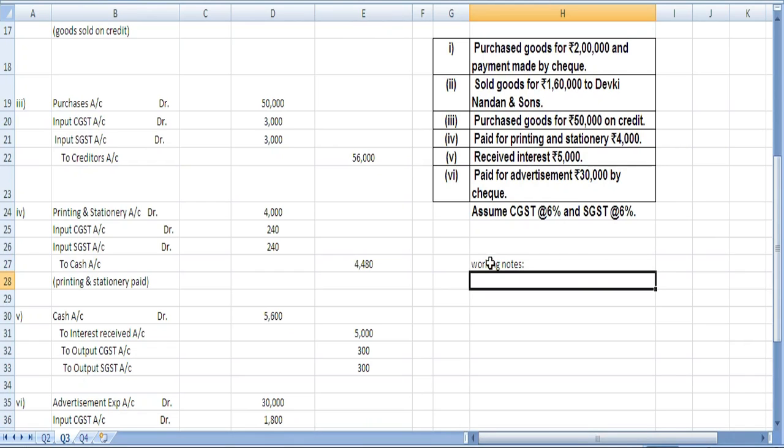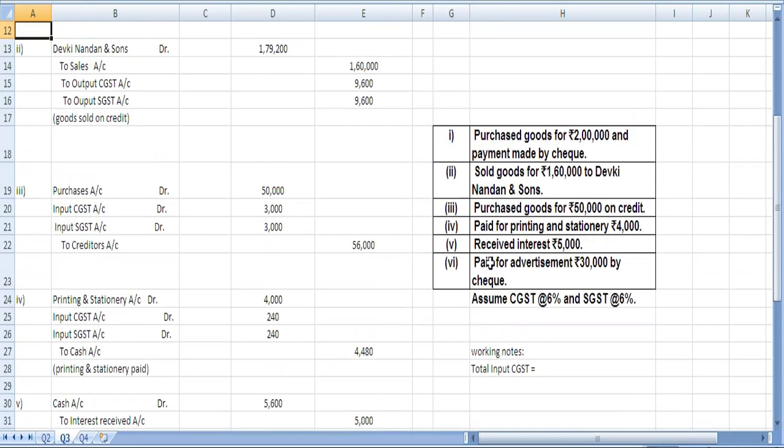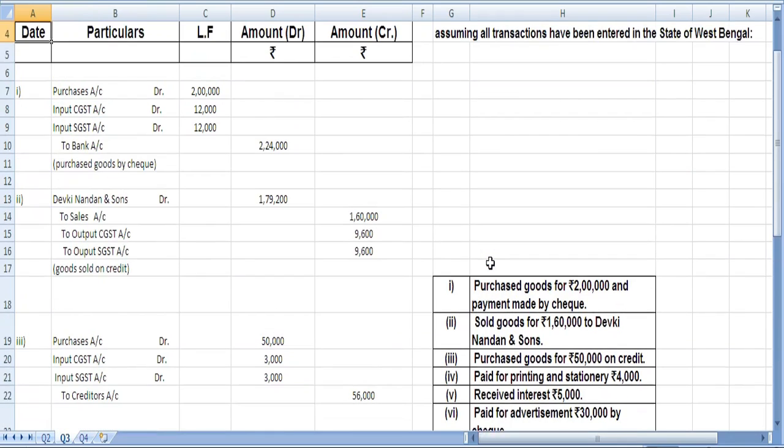Working notes. Same way, we will have the total input CGST. All the total input CGST that we have on the debit side we will add, and all on the credit side we will minus.